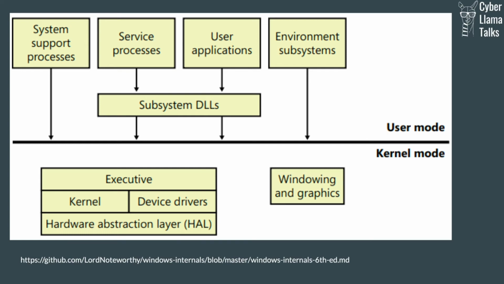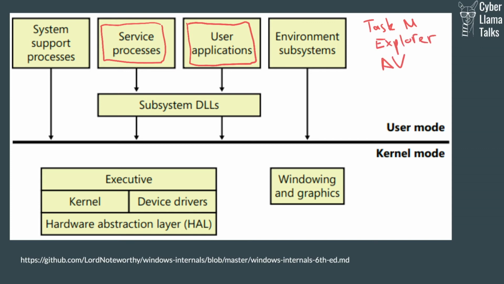You have a user application or a service process. User applications would include Task Manager or Explorer. It can also include antivirus, which can also be a service process. In any case, if any of these things try to learn something about the operating system, including files, registry keys, or network connections, how do they do it?